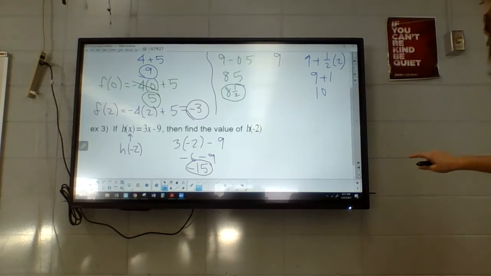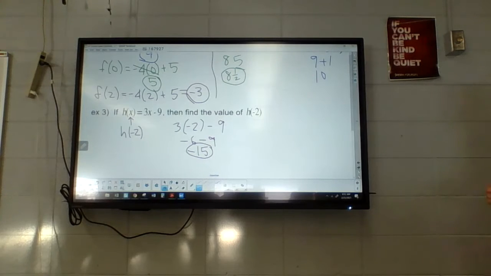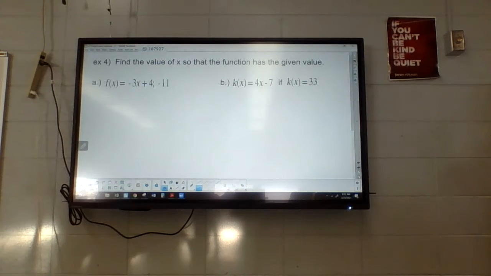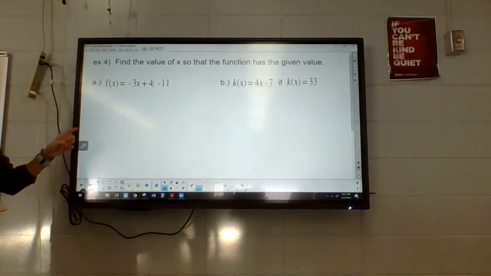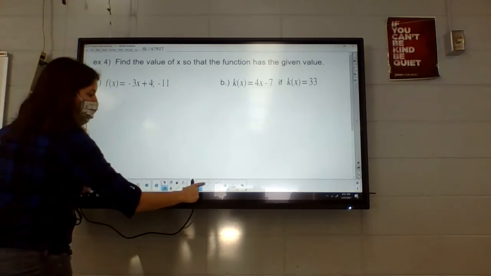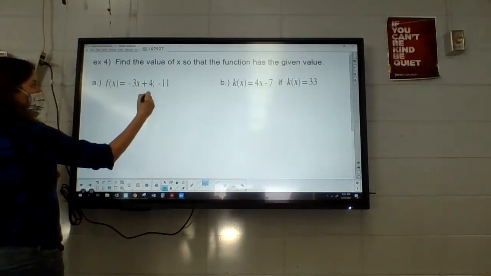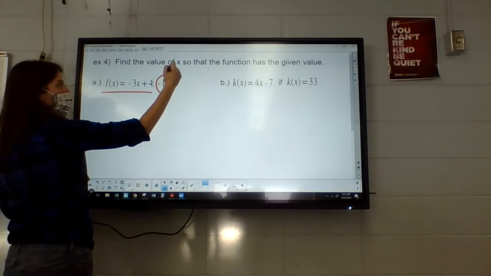All right, let's then go to the last couple. These are a little bit trickier, and again, the notation is worded strangely. So I actually wrote this first one the way our book writes it. It says find the value of x so the function has the given value. So this is the function, and they're telling us this is the answer.